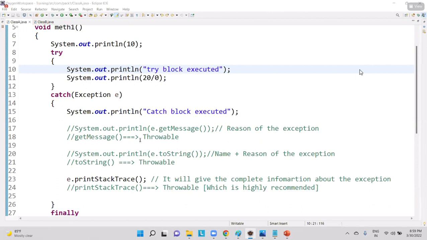Suma, why are we using get message under the System.out.println statement? The return type of get message is string. That is the reason we are trying to print that. And when you are speaking about the return type of print stack trace method, that is not string, that is void.